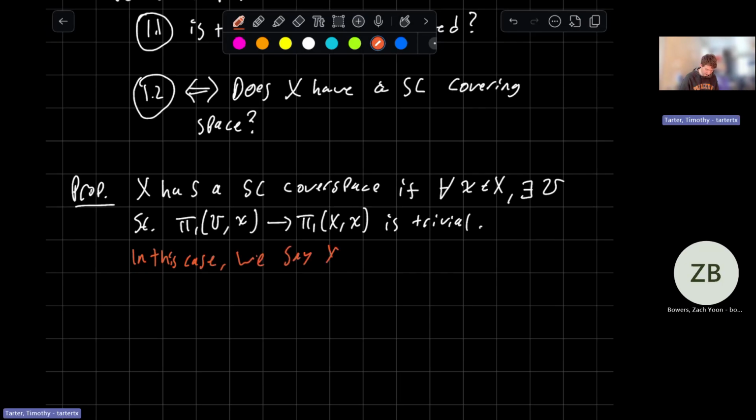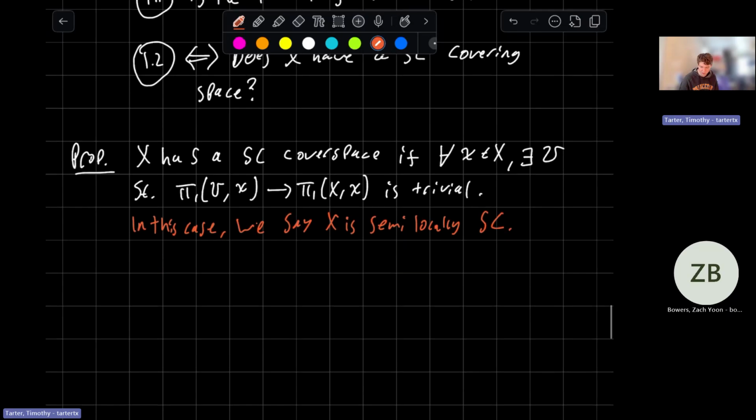We say X is semi-locally simply connected.